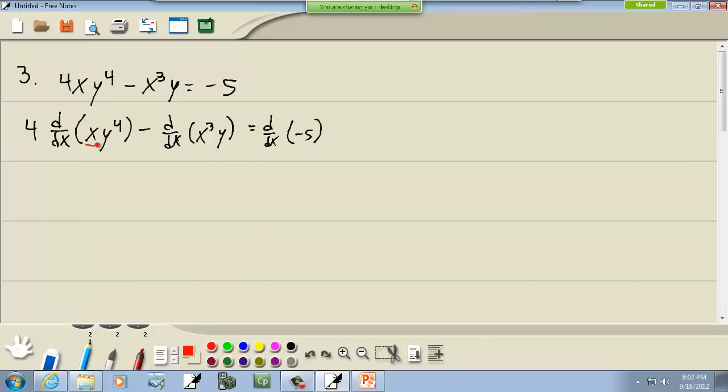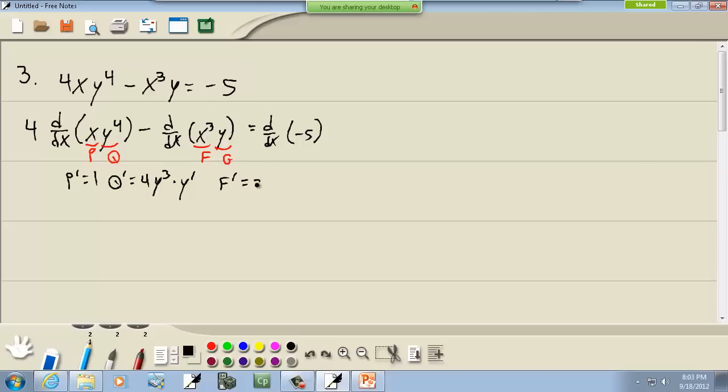Well, this is a product rule. This will be P, and this will be Q. P prime will be 1. Q prime, take a power, put it on front, lower it by 1. But since we're taking derivative with respect to x, and this is really y, we have to add on a y prime. Now over here, let's say that's F and G. We're going to use product rule again.